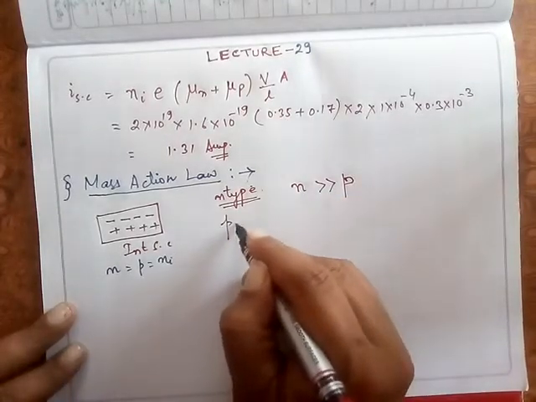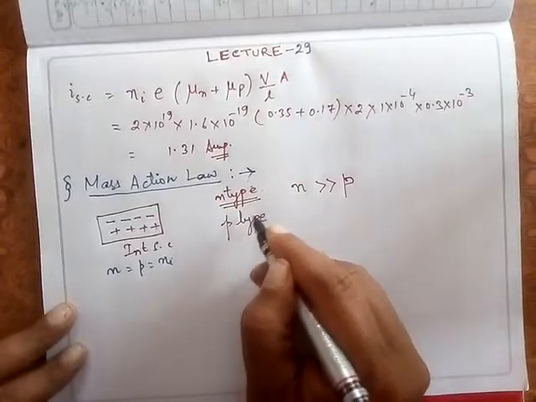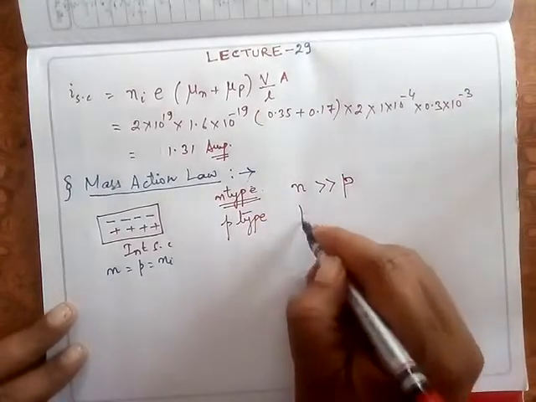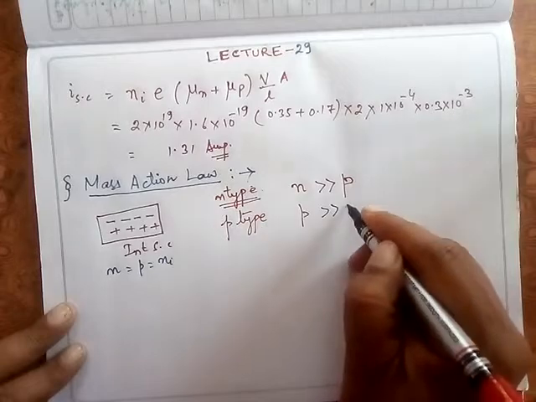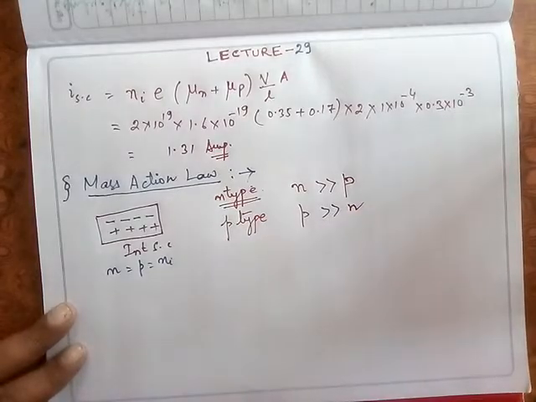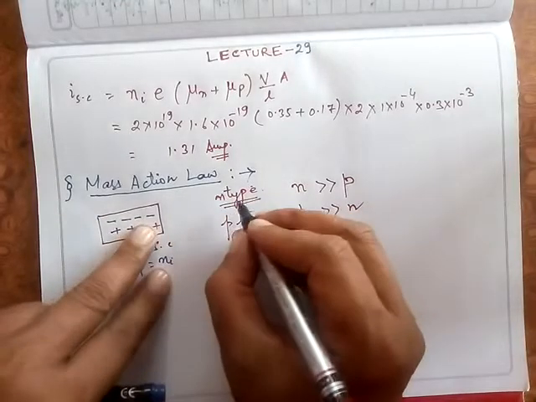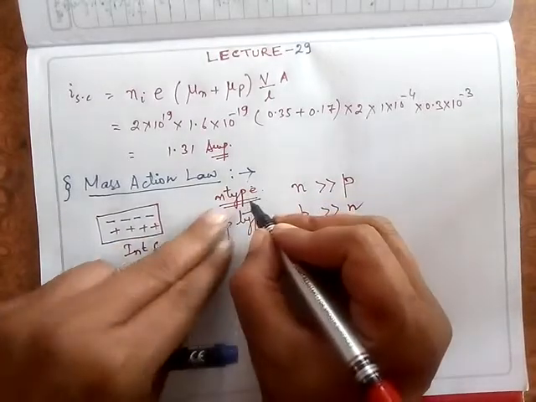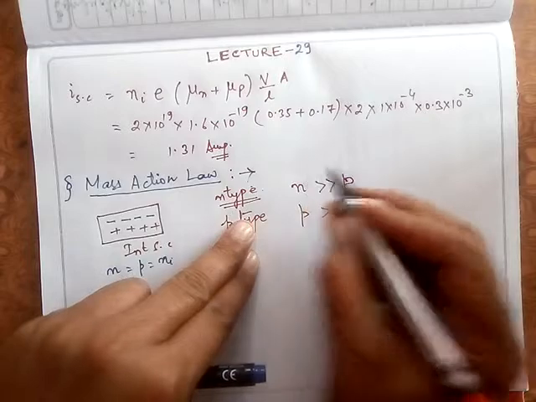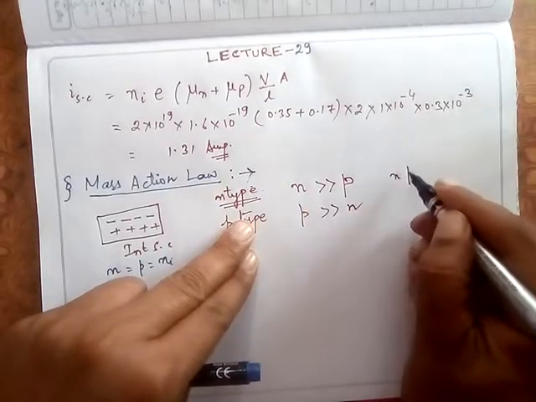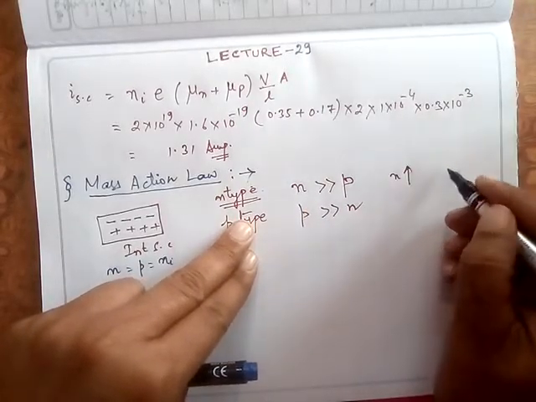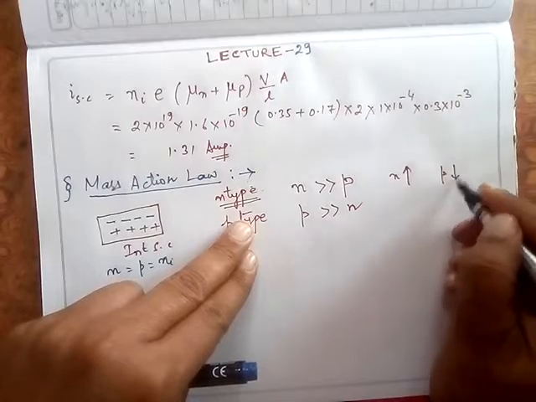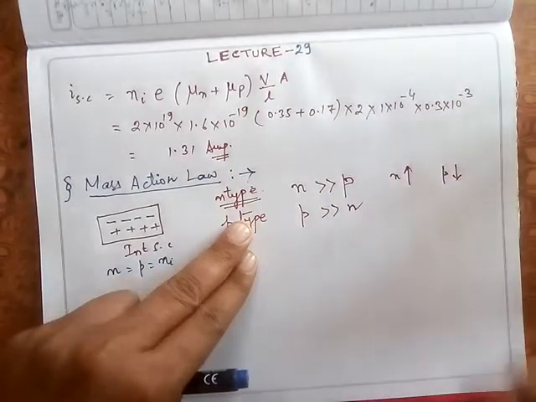And for P-type, holes are far greater than the number of electrons. Now just try to understand: when an intrinsic semiconductor is made N-type, the number of electrons increases and the number of holes decreases by a considerable amount.